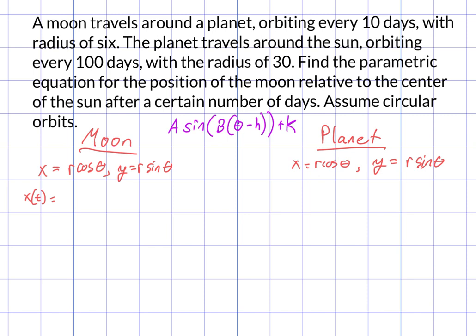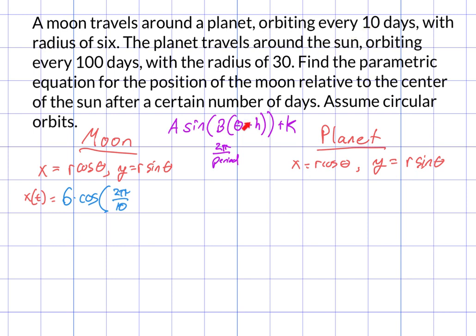So for my x of t of the moon, the radius is 6. 6 times cosine of b. Recalling, b is equal to 2 pi over the period. So I have 2 pi over 10, because it tells me that it does a full orbit in 10 days.